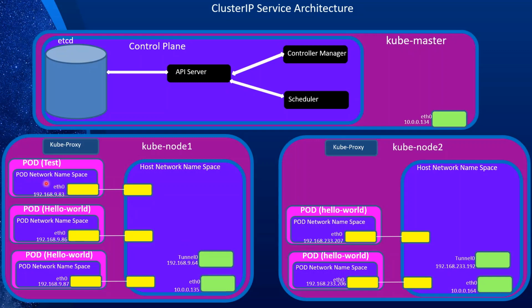I'll be using this test pod to call a service that may be answered by one of these pods over here or over here. And I'm using Calico CNI, or Container Network Interface. Basically, CNI provides networking for the pods, so they will be able to talk to each other and also talk to pods on the other server.